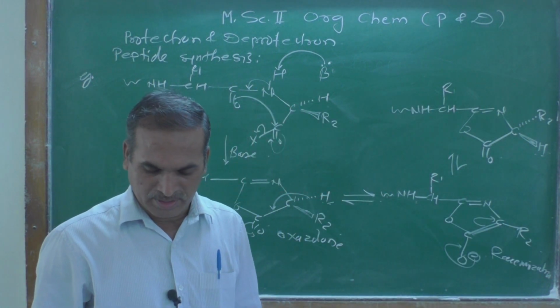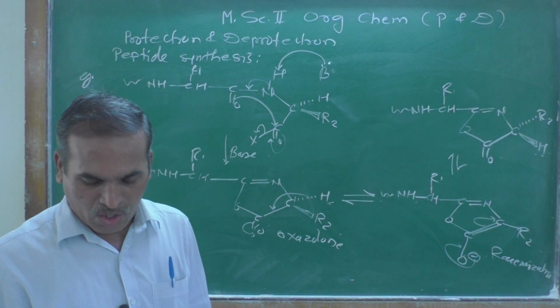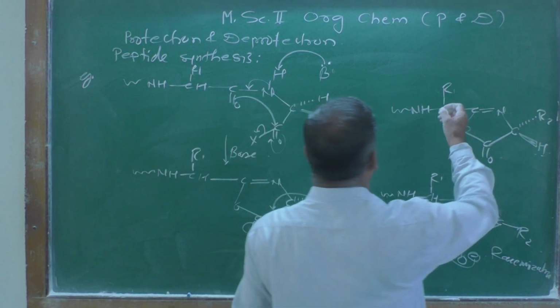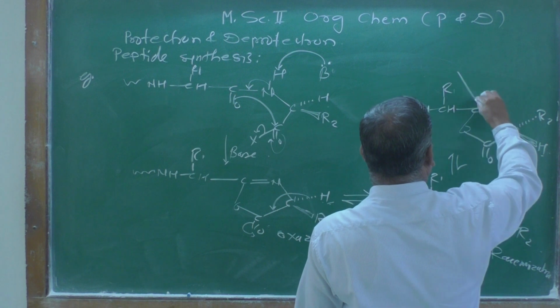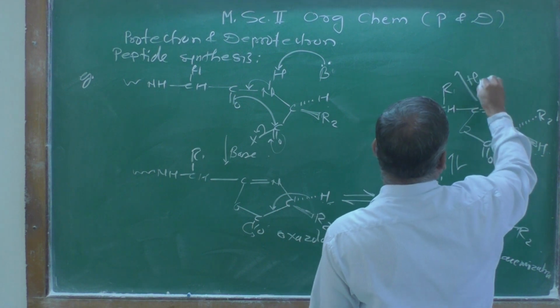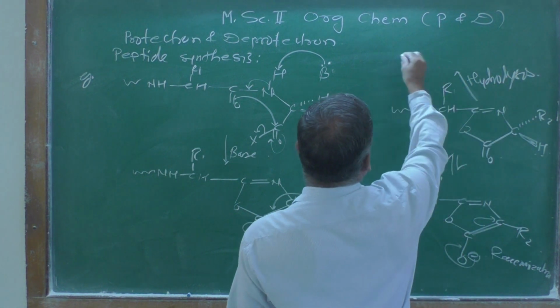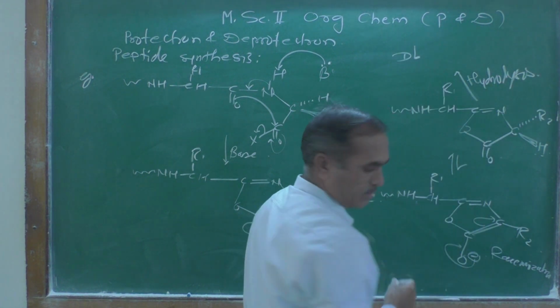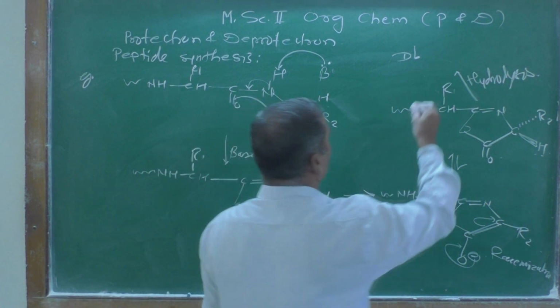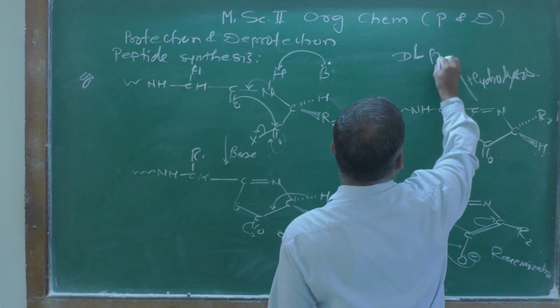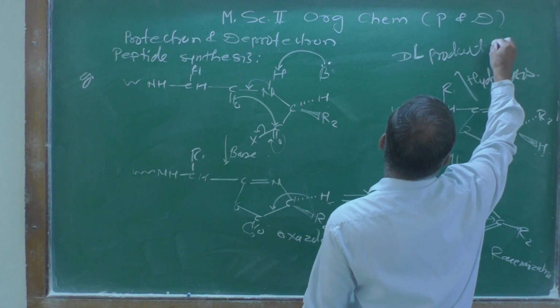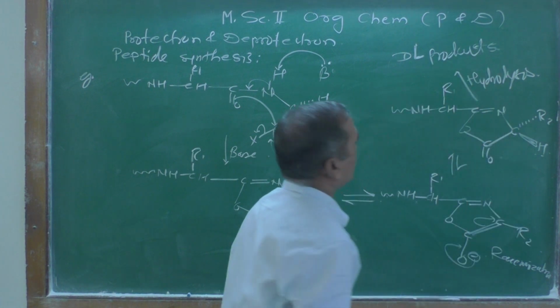That type of racemization occurs over there, and after hydrolysis, what do you get? You are going to get DL products.